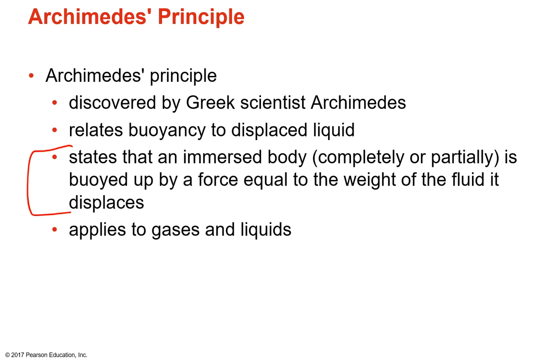Well, what's the equation for the weight of an object? This is going to be on the list of formulas. Weight equals mass times the acceleration of gravity. The force of gravity is m times g. That's the weight.